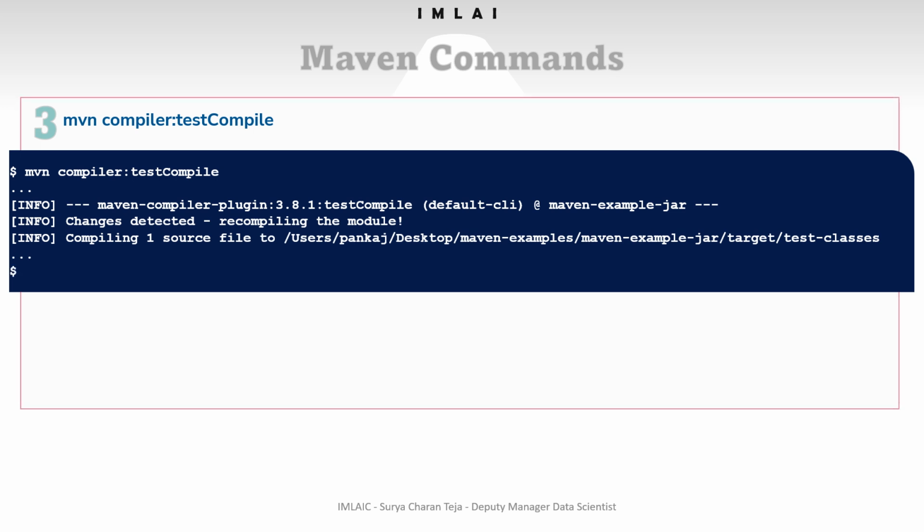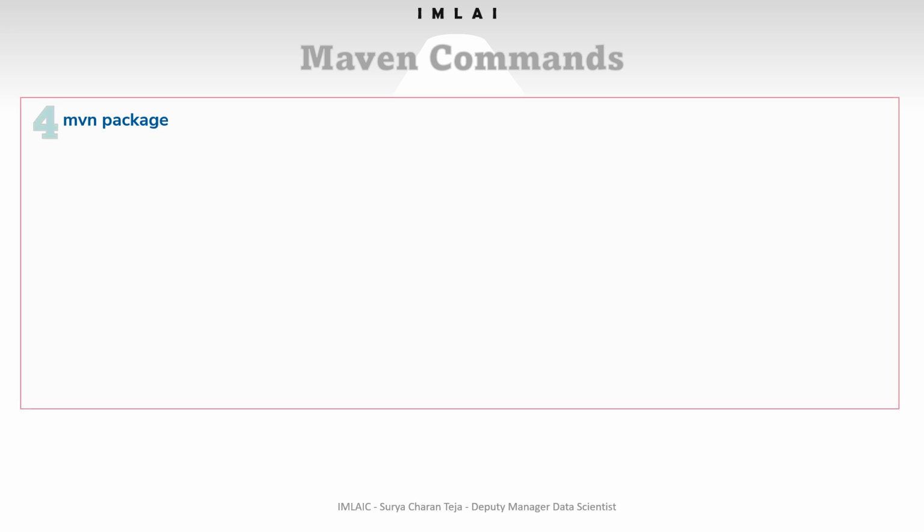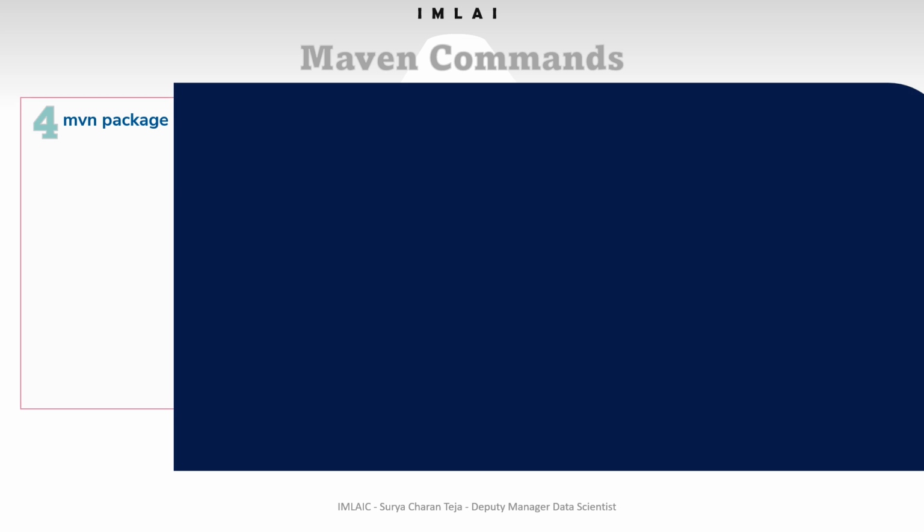Then we have mvn package. This command builds the maven project and packages it into a jar, war etc. So the output shows the location of the jar file just before the build success message. I have shown it to you in our previous exercise.